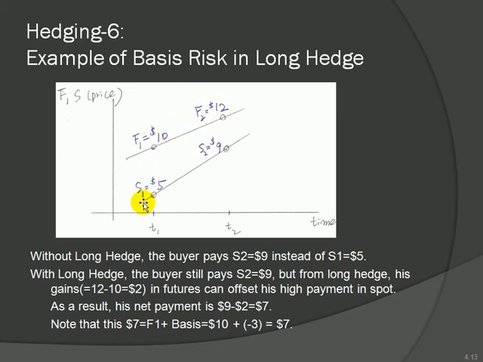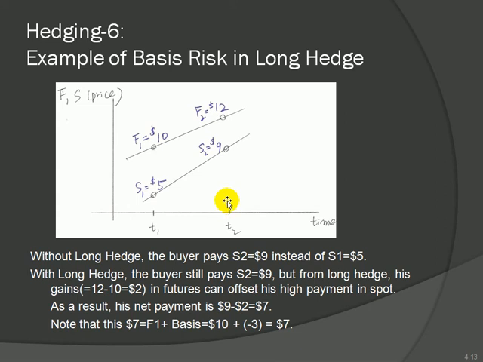But unlike your expectation, suppose spot price goes down, then what's going to happen? Suppose spot price goes down to $1, then you end up paying only $1. So your cost is going to be a lot less than what you expected. Then you're going to be happy about it.